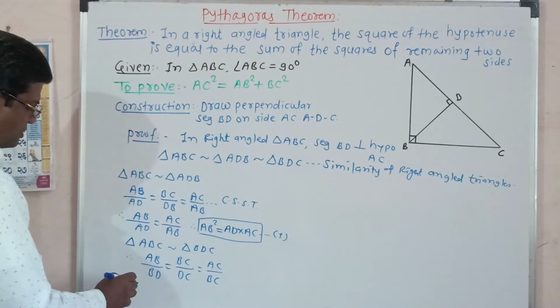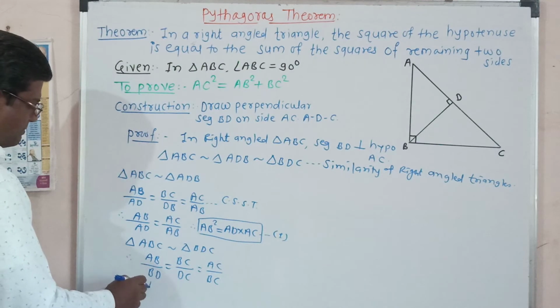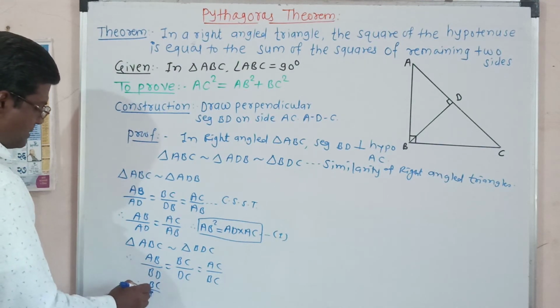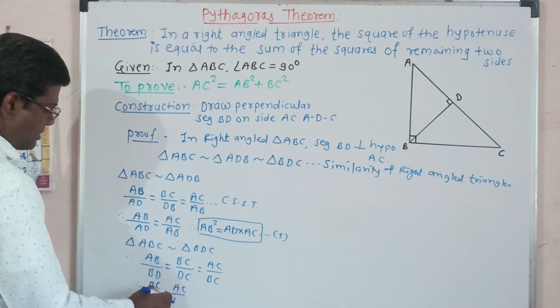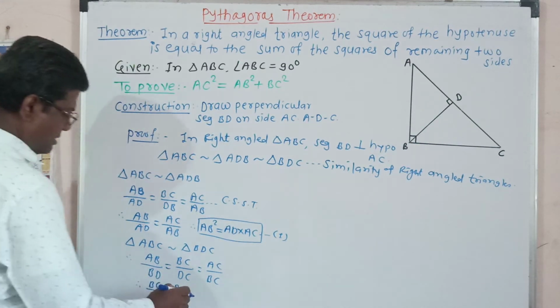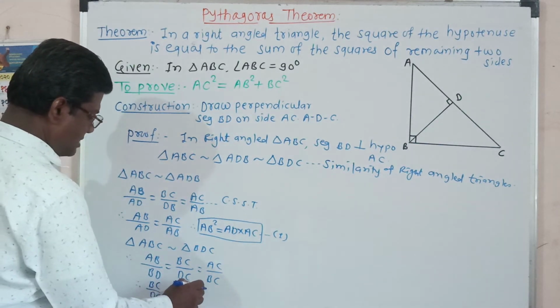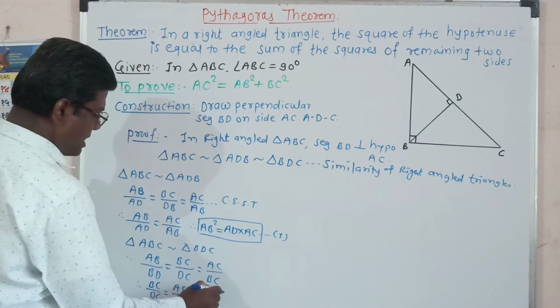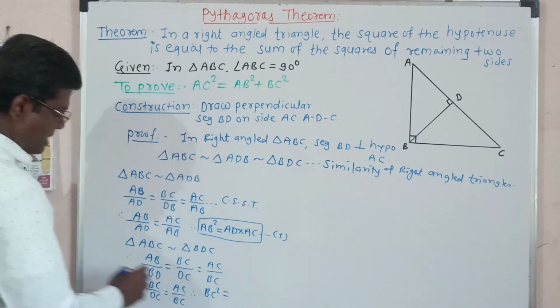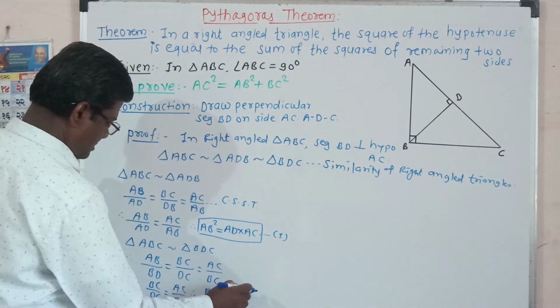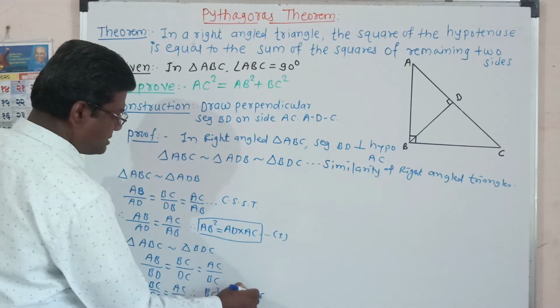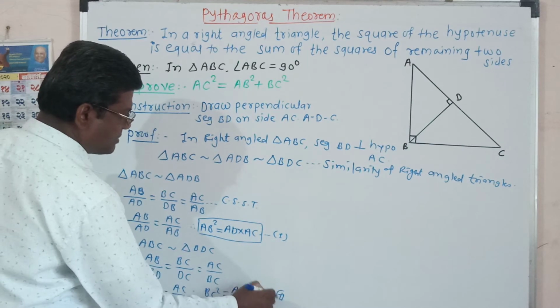So take the ratio of BC upon DC is equal to AC upon BC. By cross multiplication, BC square is equal to AC into DC. This is equation number 2.